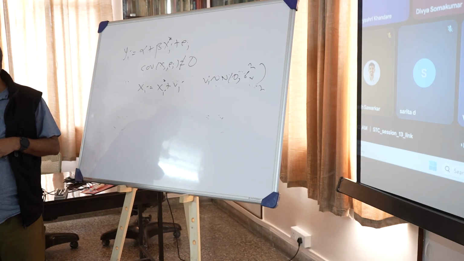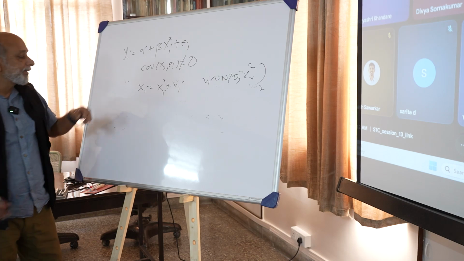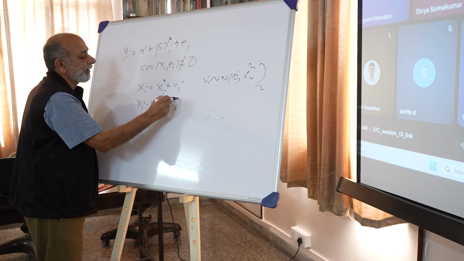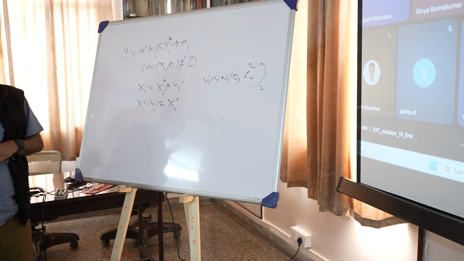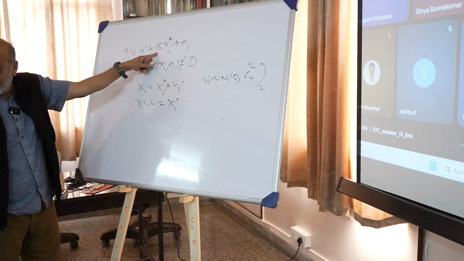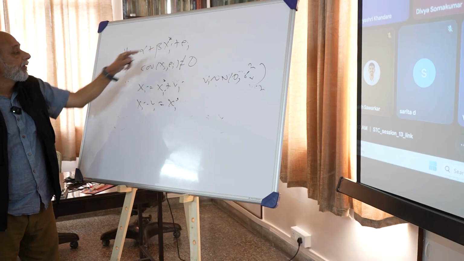But you have xi. How does xi relate with xi star? Xi minus Vi is xi star. Correct? Okay. So now, if I replace this xi here, what do I get?